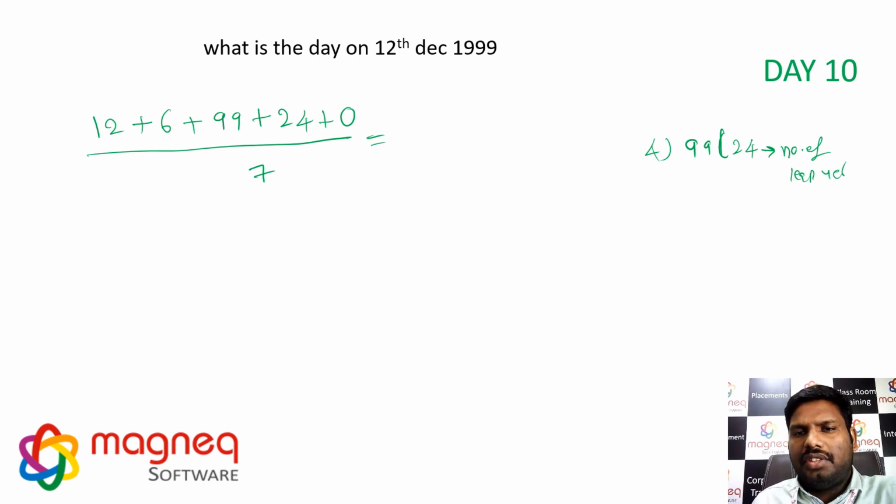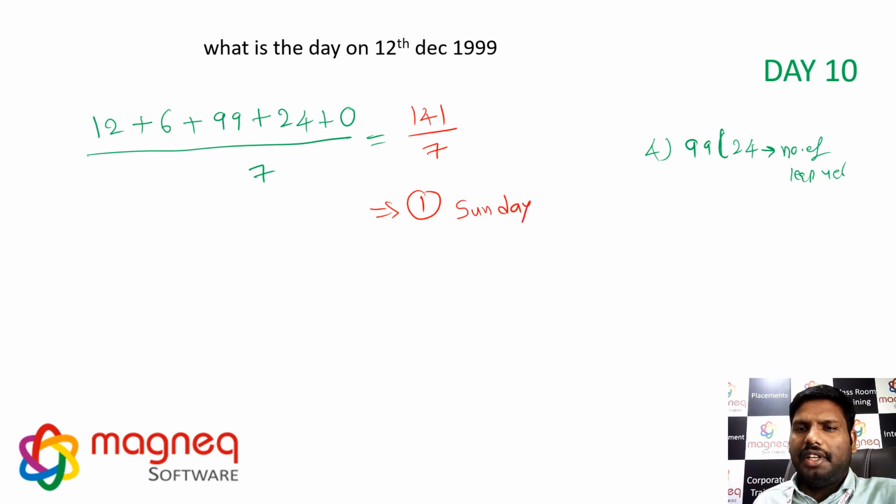So total sum 141 by 7. Remainder 1. 1 means Sunday. So the answer is Sunday.